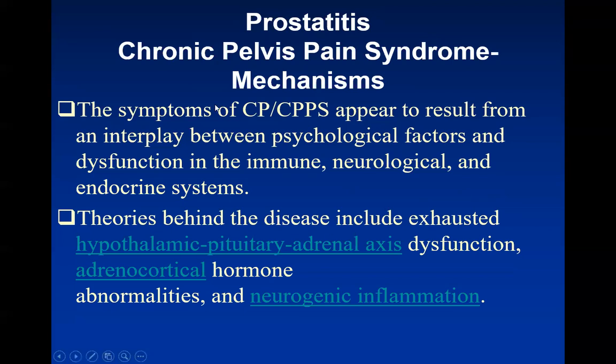Some of the theories behind the disease include exhausted hypothalamic-pituitary-adrenal axis dysfunction, adrenocortical hormone abnormalities, and neurogenic inflammation. These are some of the theories that have been put forth to explain why this happens in the prostate.